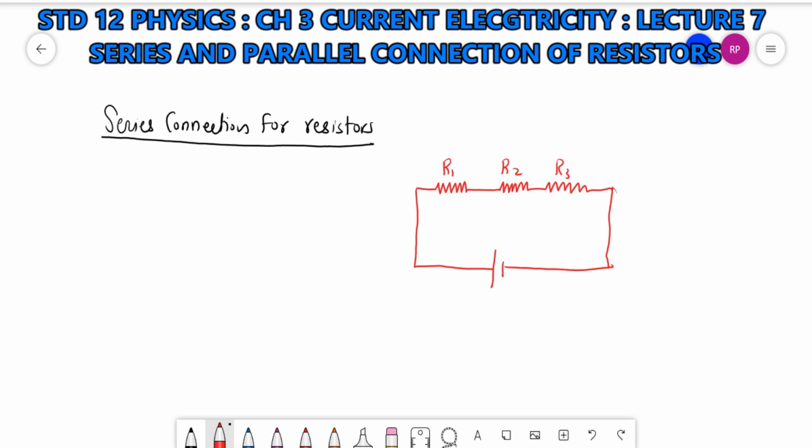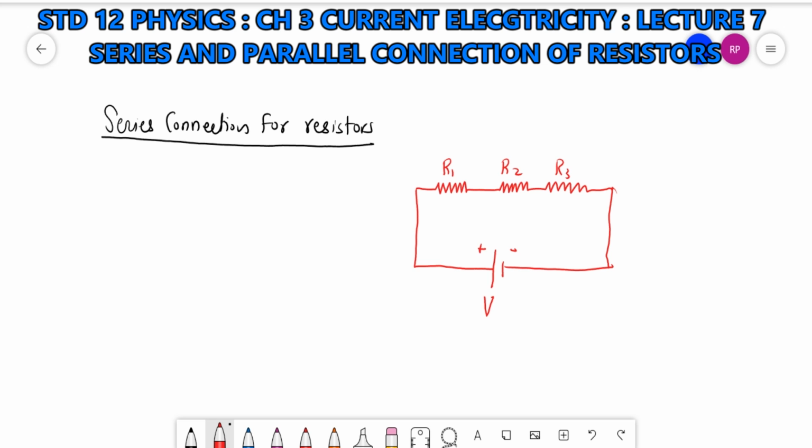Let's connect these three resistors with a battery having EMF, or I will say V volt. The resistors are connected across 2 points in the circuit in such a way that the current flowing through each resistor is same.